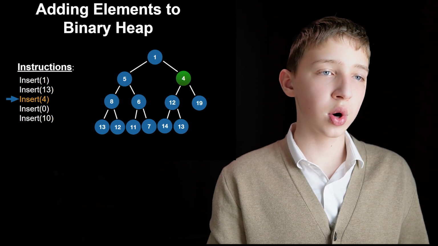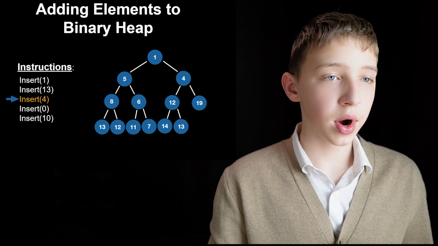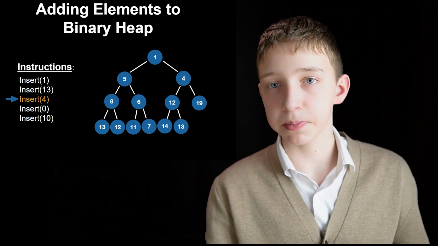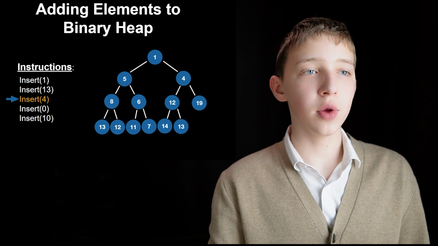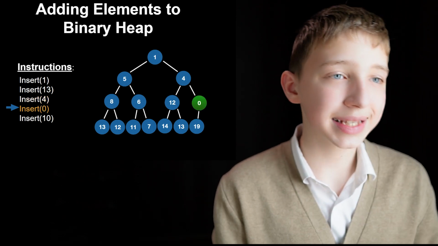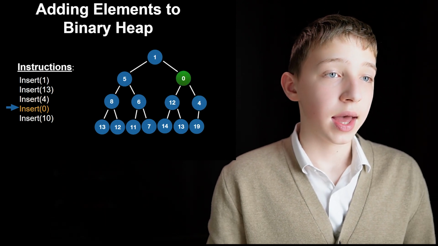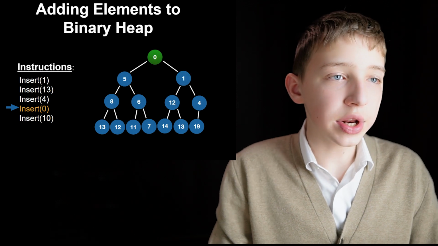And the same thing for 0. Of course 0 should be at the top of the tree, at the root node, so we're in violation of the heap property. Let's bubble it up. Here 0 is less than 1, so we swap them, and 0 is now at the top.